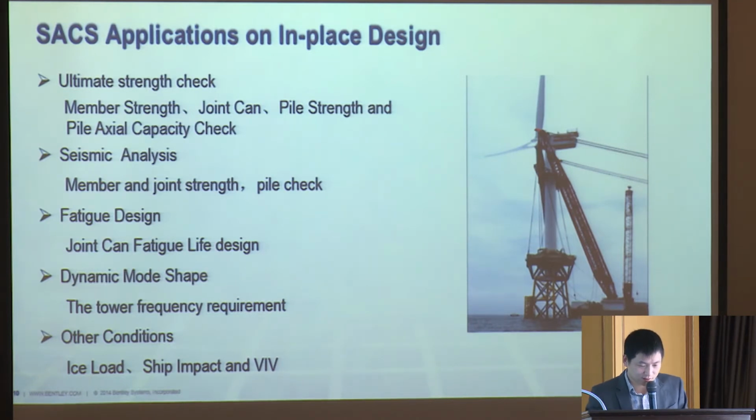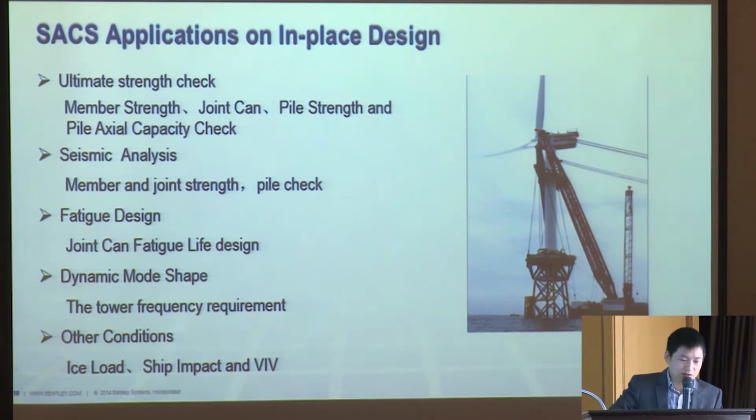For example, the ultimate strength design, we should check the member strength, the joint can strength, pile strength, and the pile axial capacity.